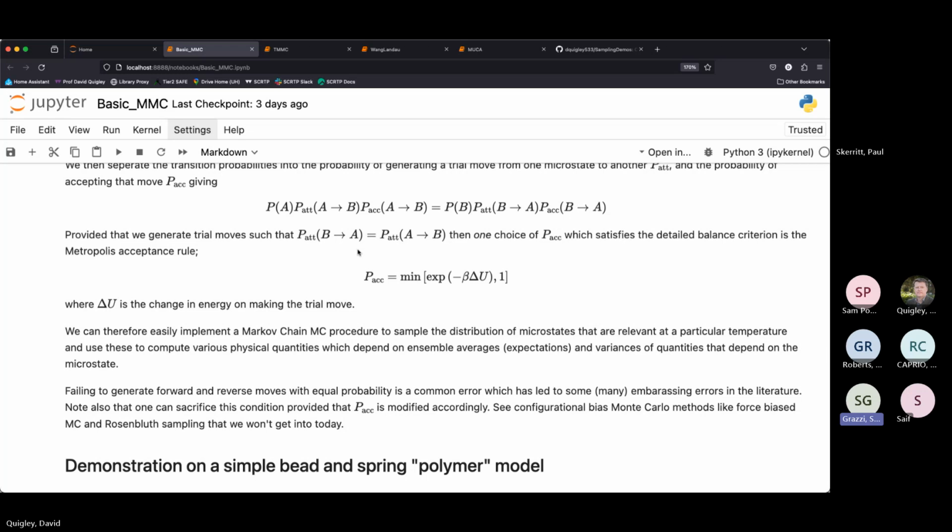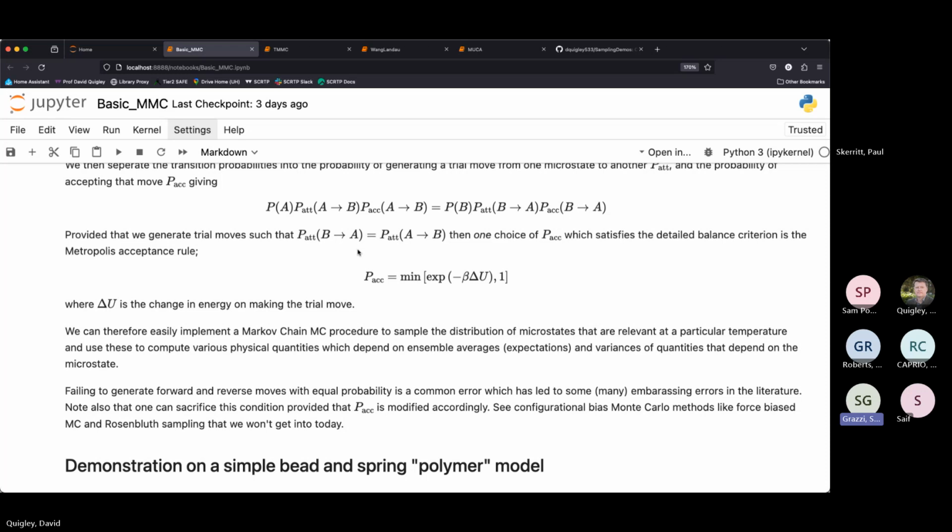They forget that in order to satisfy this equation, we also have to satisfy this equation. The way I'm doing that is making sure my attempt probabilities are anti-symmetric, or are the same for the forward and reverse move. Otherwise they end up with wrong results because they haven't obeyed detailed balance. They've just come up with some move and accepted or rejected it according to this probability.